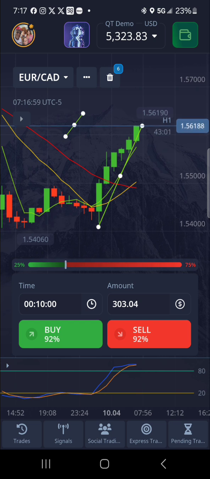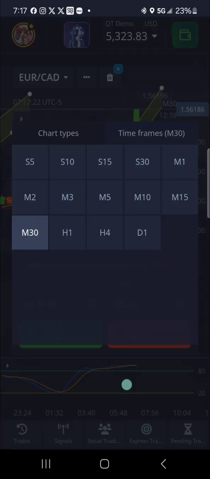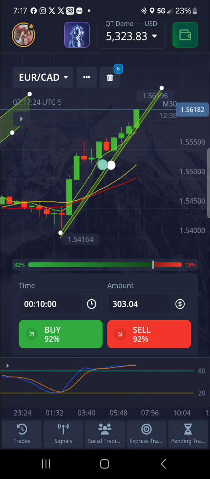And you could draw the line like that. Let's see. If I draw the line like that, let me see how it looks in 30 minutes. Candles. That's how it looks at 30-minute candles.